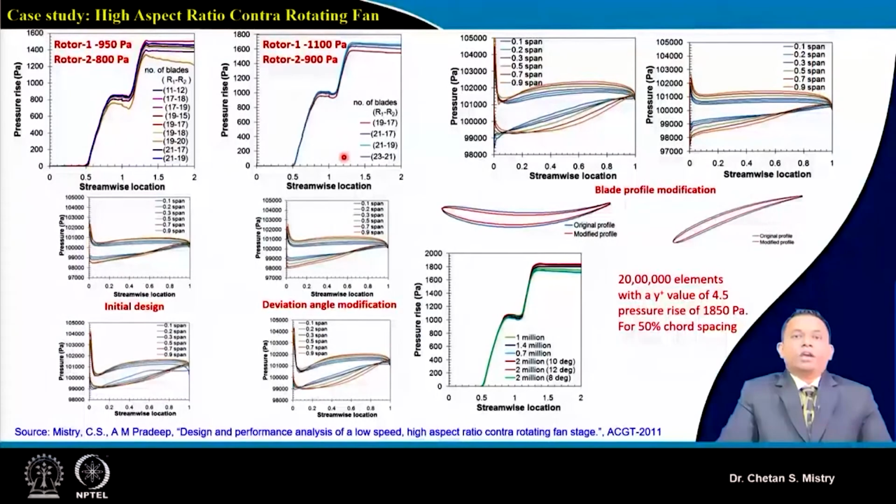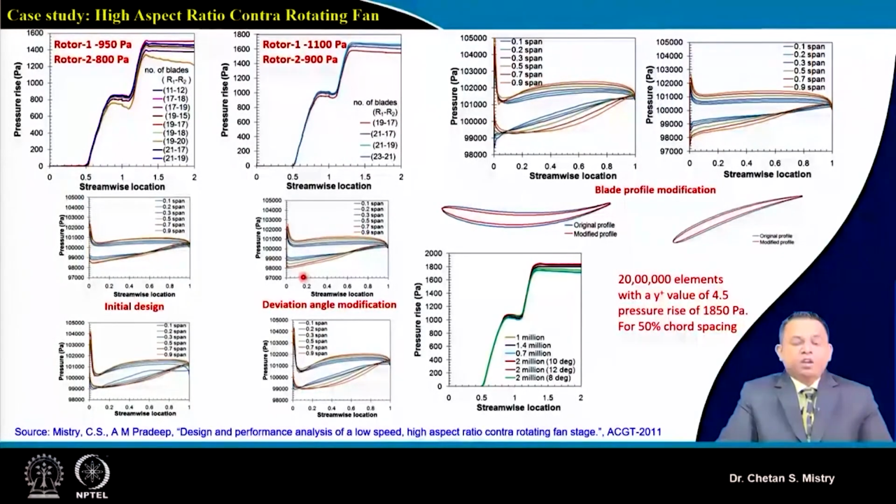Let me tell you, in this case our blades are high aspect ratio blades. So the height of the blade is large and the chord is smaller: 135 mm was the height of the blade, and 45 mm was the chord of both the rotors. Doing diffusion within this 45 mm blade passage is very challenging. But that's a challenge for the design, and that's what we have opted for.